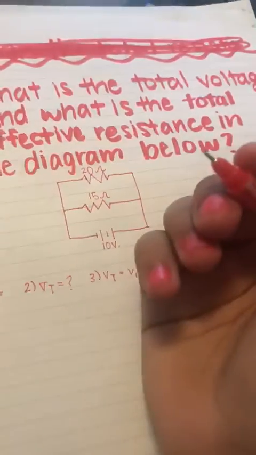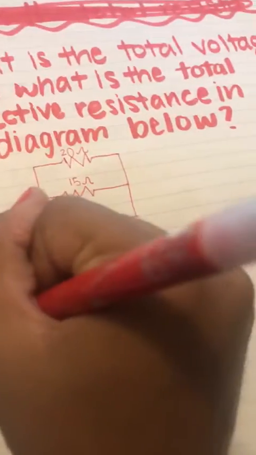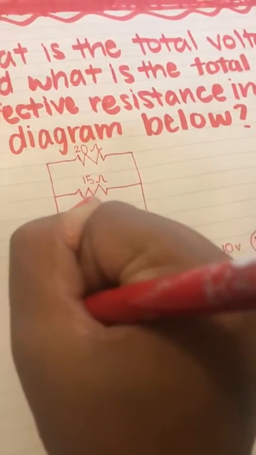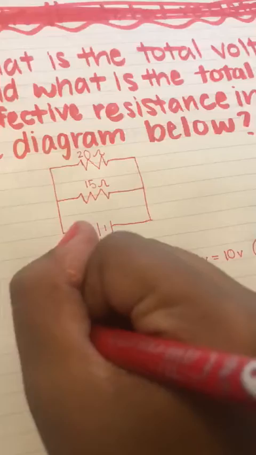Then we have what is the total effective resistance. So we're trying to find what RT is.